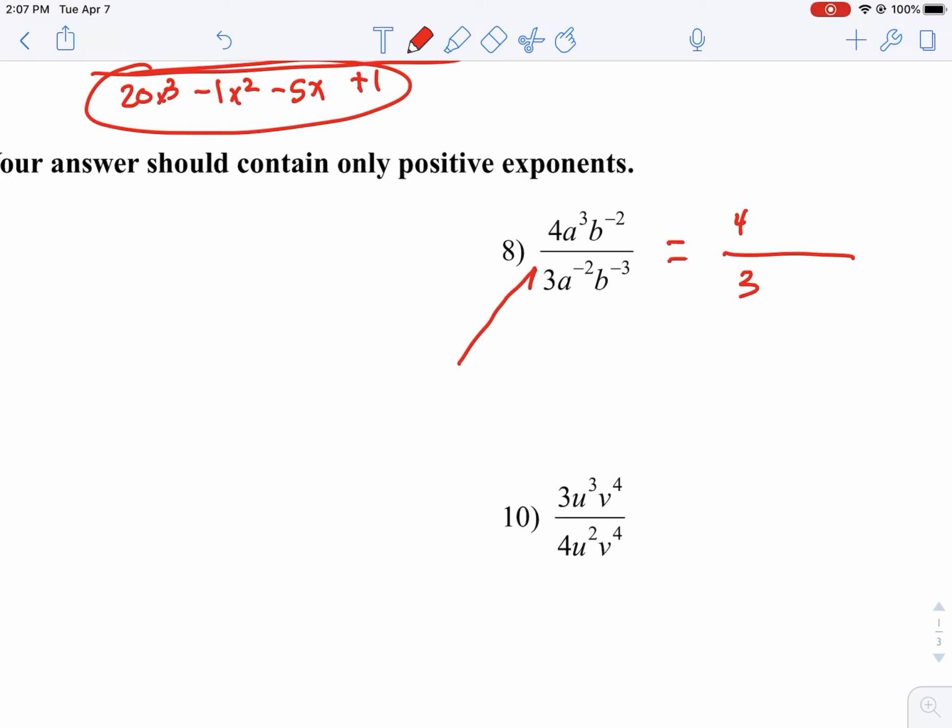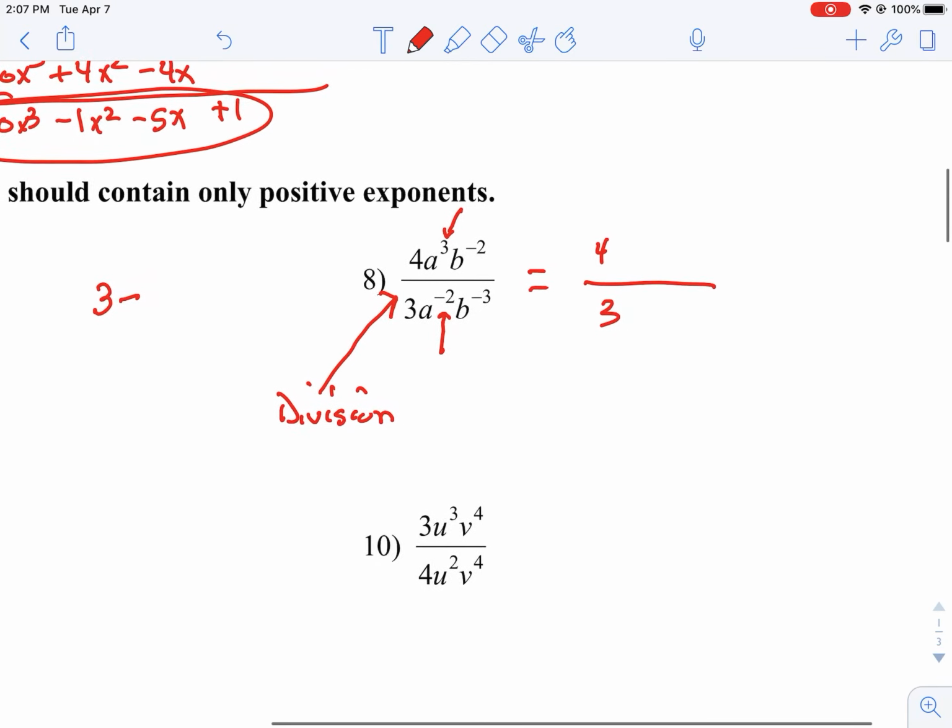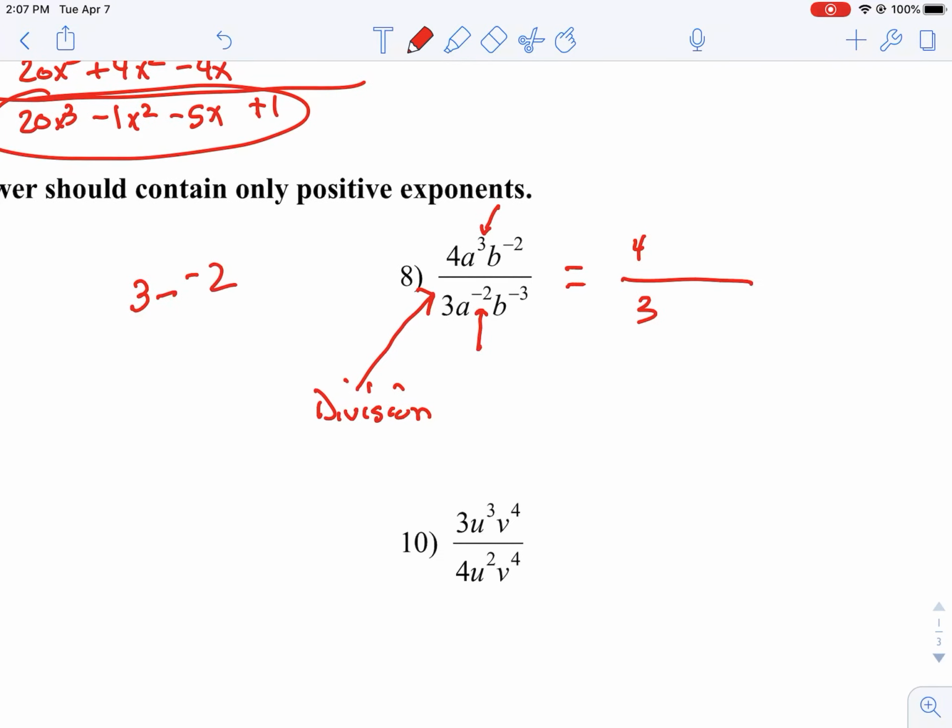So what you do, when you're doing division, remember that fraction bar is really division. You take the exponent. So we have a 3, we have a negative 2. And what you do is you take the largest one, which is the positive 3, and we're going to subtract, because it's division, the negative 2.